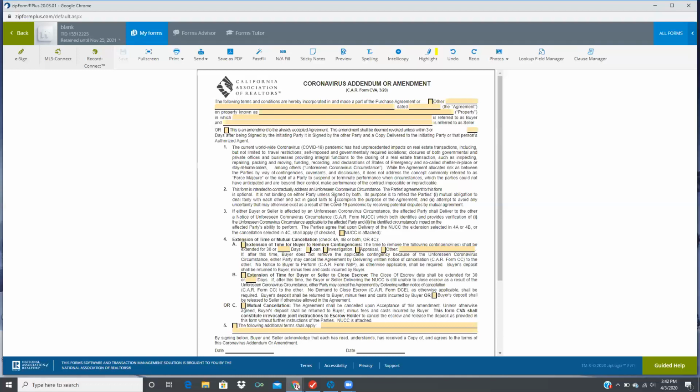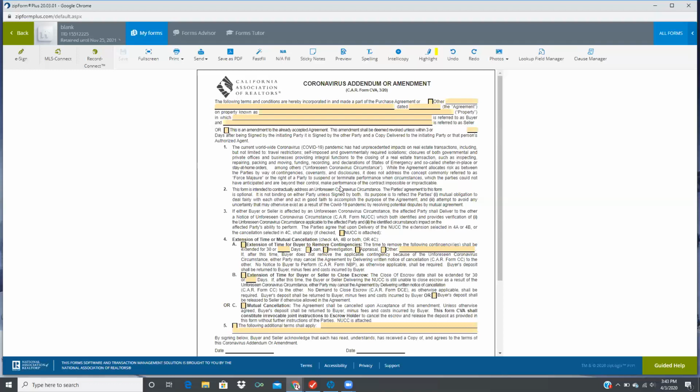Basically, this is saying that there's bigger things than us out there, and that due to unforeseen circumstances, something may come up where the buyer may not be able to perform, which could be job loss due to COVID. It could be the terms of their loan got changed, something like that, that they had no way of foreseeing or preventing.